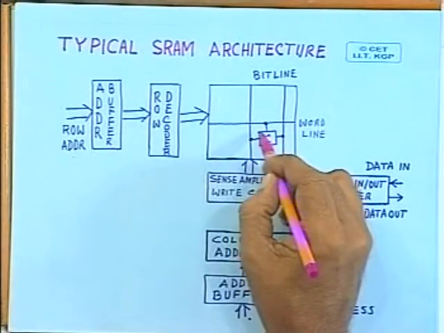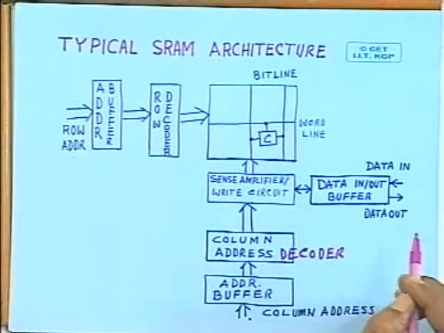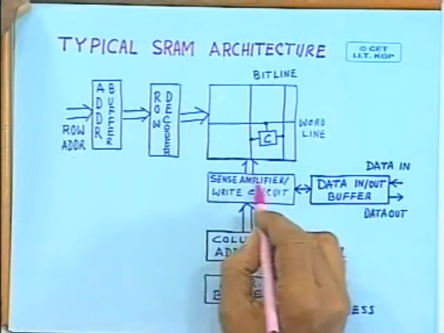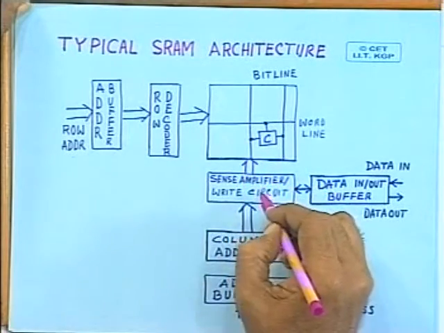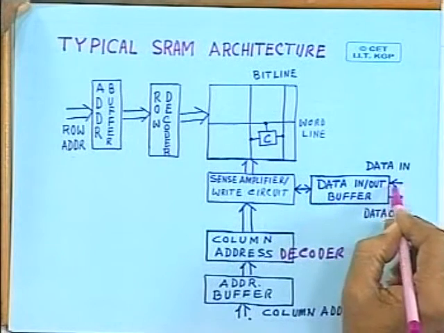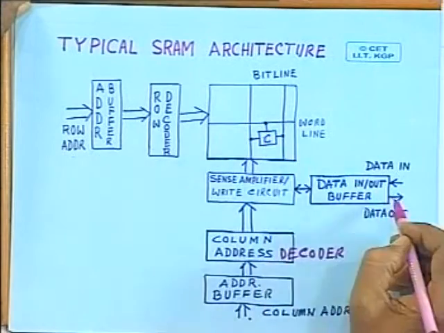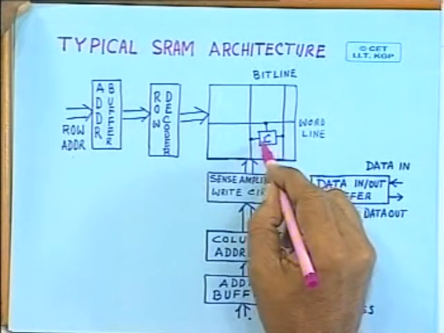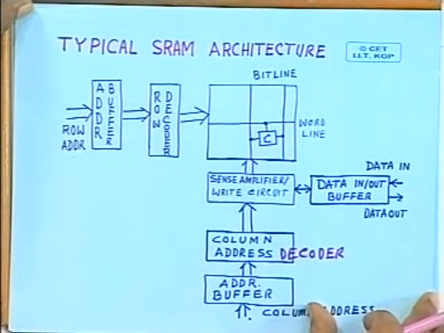And each of these cells corresponds to this. So here you have got a cell. And then there is a sense amplifier and write circuit, which reads data, amplifies it, and then through these data input/output lines, you write data into any cell, and the data which is stored in it can be taken out. This is the typical SRAM architecture.